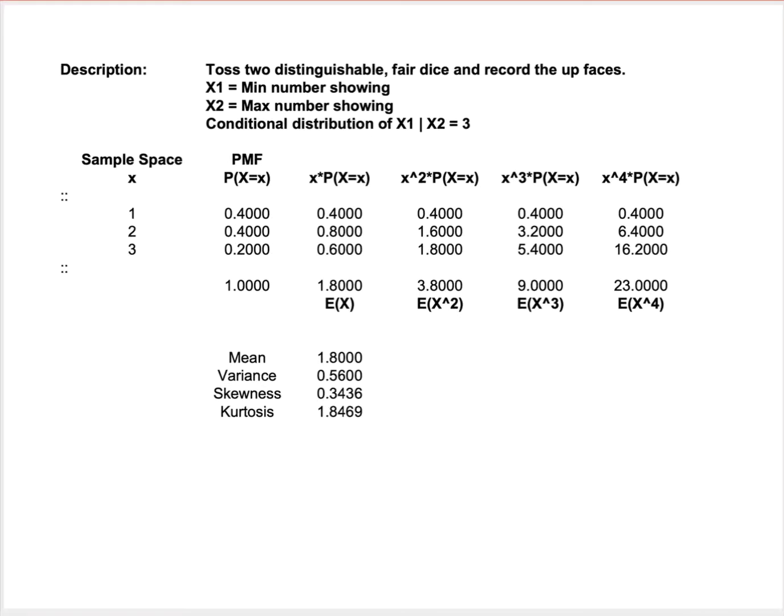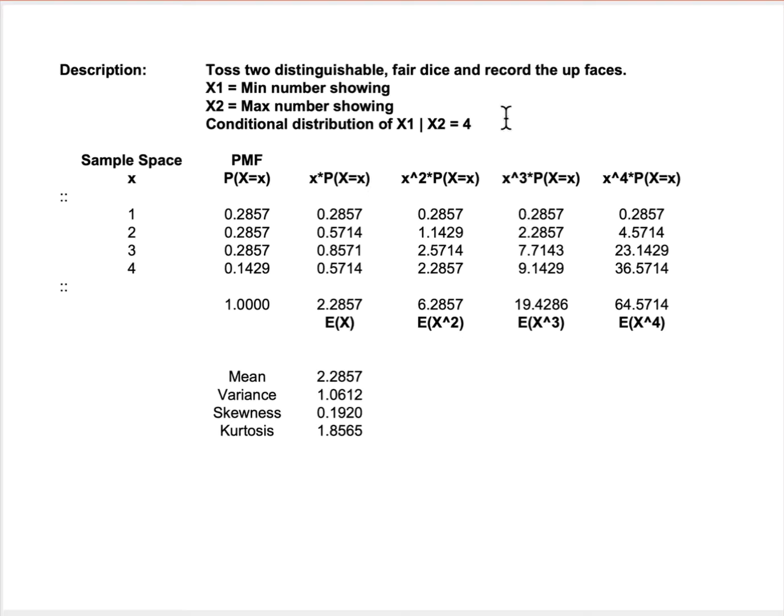Then we have the situation where we're conditioning on x2 equal to 3, and again the calculations are done very easily, and we get the mean, variance, skewness, and kurtosis for the conditional PMF. The situation where x2 is equal to 4, we get these values. I have a summary page that I'll show you in just a moment that has all these values.